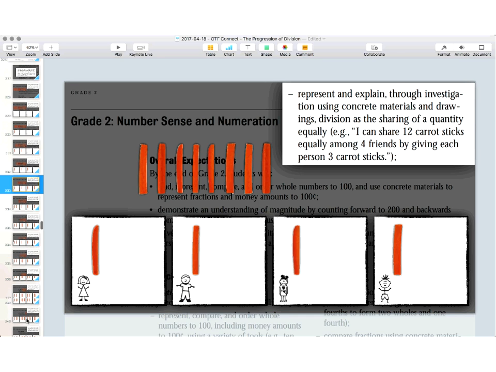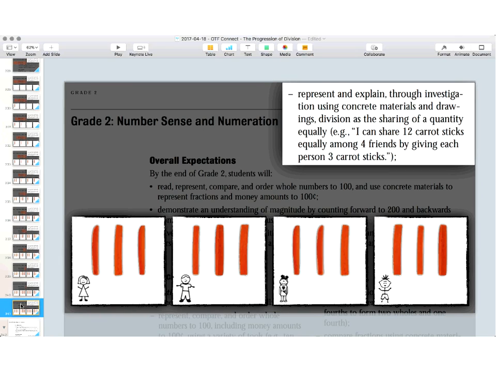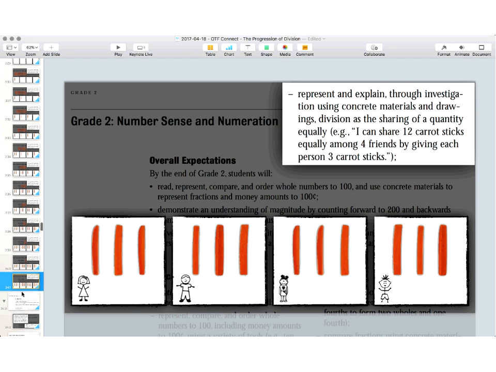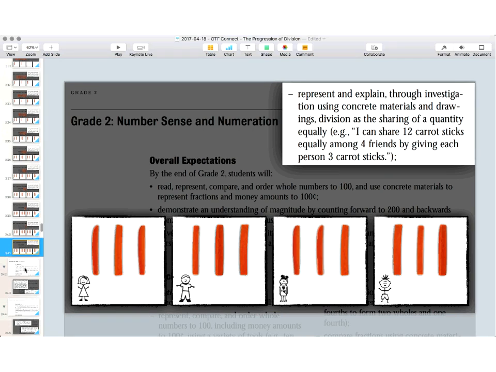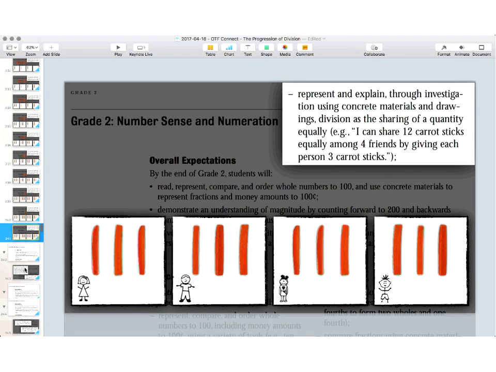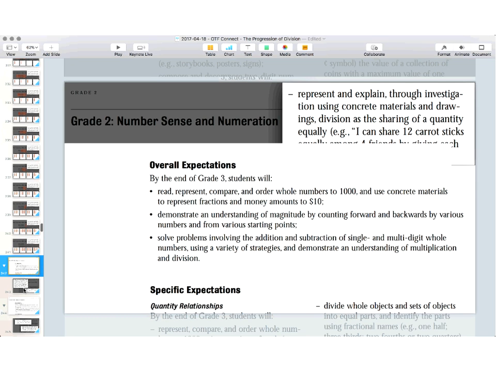And what you end up with in this particular case is a scenario like so. So you end up realizing that, you know what, my 4 friends will get 3 each, and it looks something like this. Now, what I wanted to do is take a little bit of time to explore into grade 3 and grade 4, where we start upping the ante a little bit.